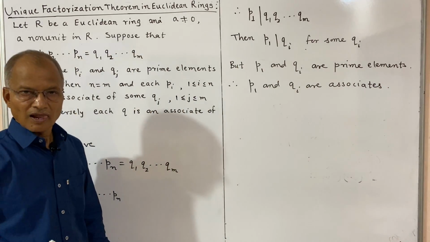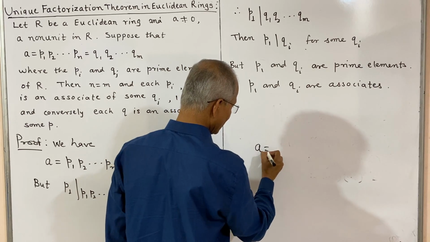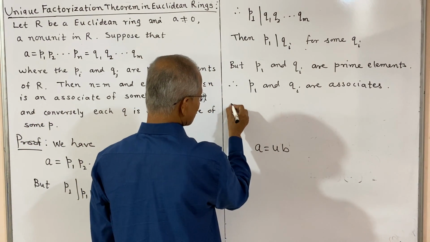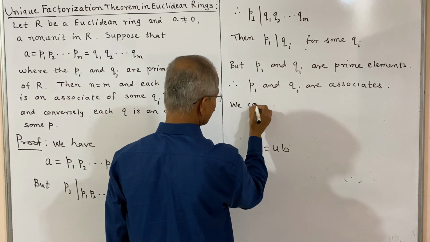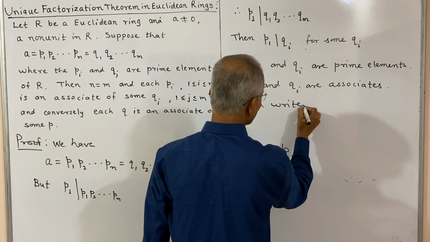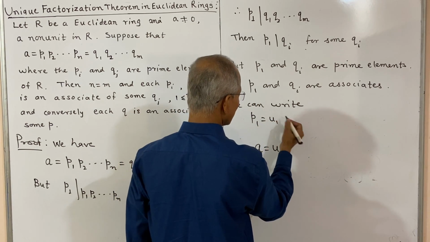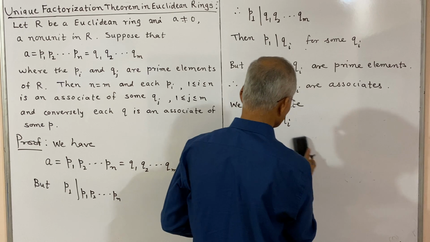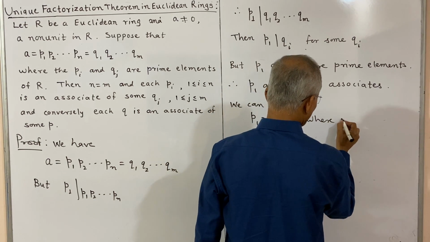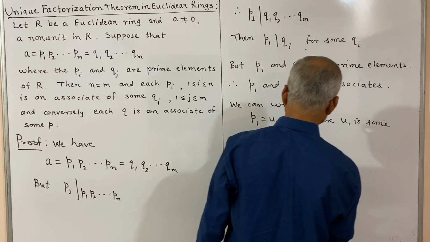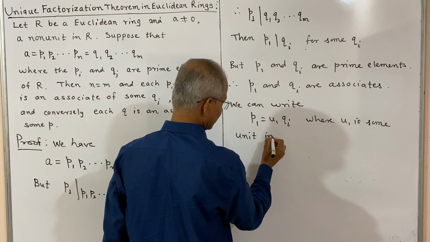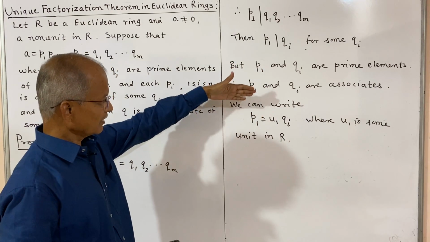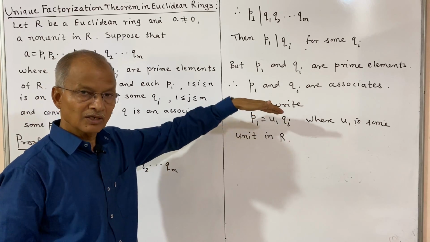What is the meaning of associate? A and B are said to be associate if we can write A is equal to UB, where U is some unit in R. Therefore we can write P1 is equal to U1 into Qi, where U1 is some unit in R. So in place of P1 we can write Qi.